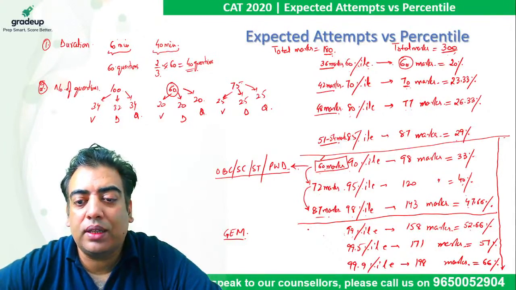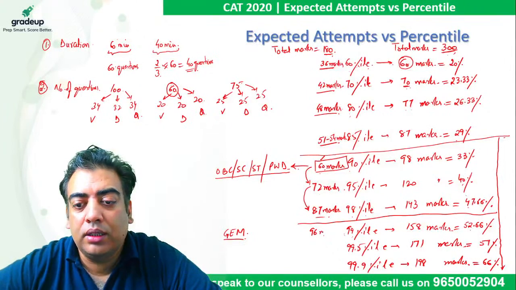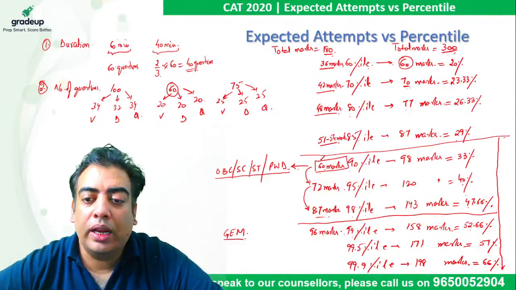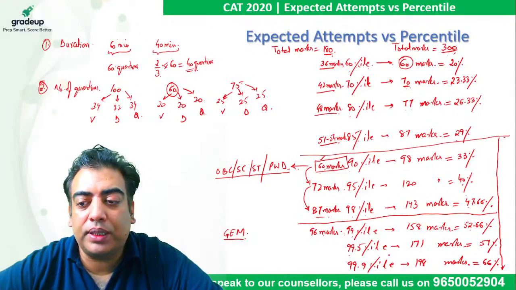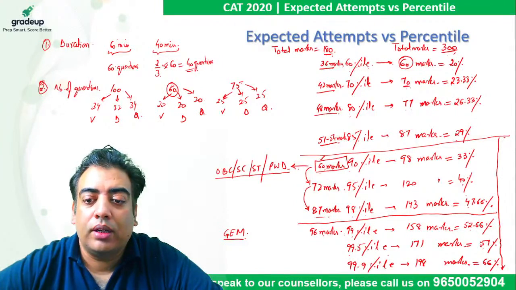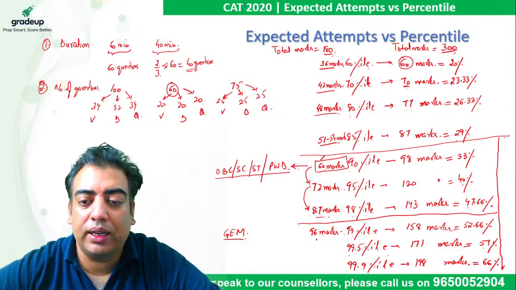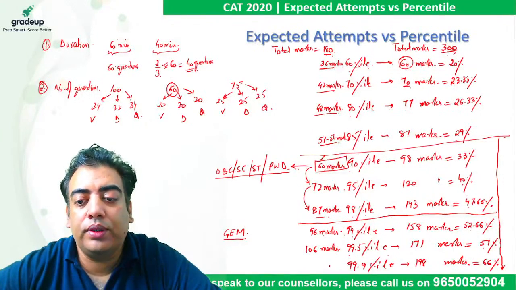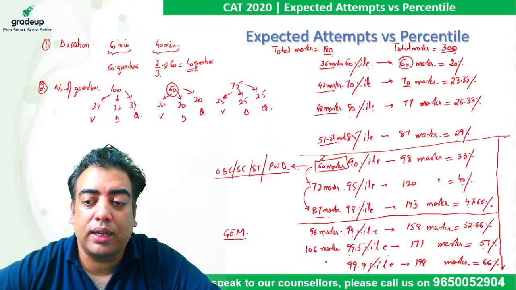That comes out to be somewhere around 96 marks out of 180. In order to get 99.5 percentile, we are required 57% marks, right? Which will increase this marks by around 10. So at around 106, 107, we will get 99.5 percentile this time.